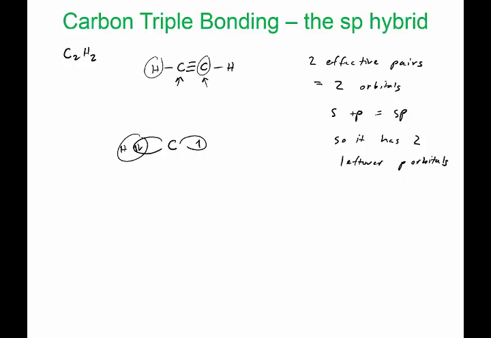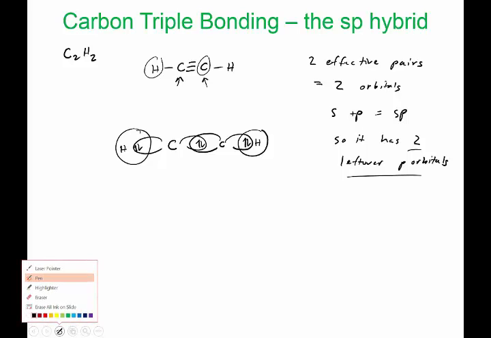Hydrogen bonds here, and then hydrogen bonds here using its regular s orbital. Okay, and I meant to do another, sorry, there's another carbon here. Okay, and then this carbon, it's hydrogen right there. And now we have two leftover p orbitals, so we'll put that here.